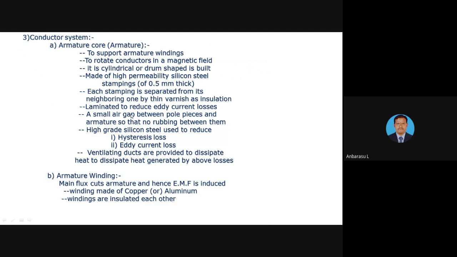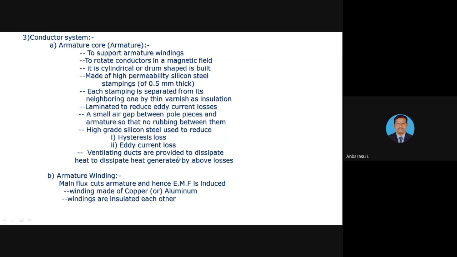Each stamping is separated from the others by a thin varnish as insulation. Laminated construction is used to reduce eddy current losses. There is a small air gap between the pole pieces and the armature. High grade silicon steel is used to reduce hysteresis losses and also eddy current losses.